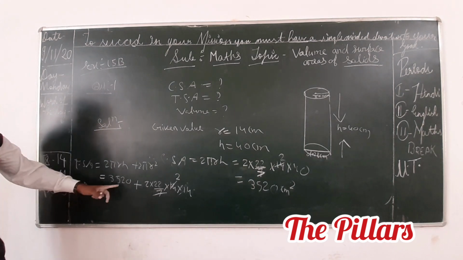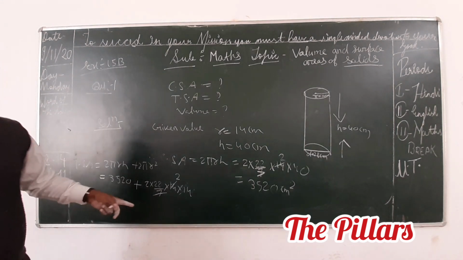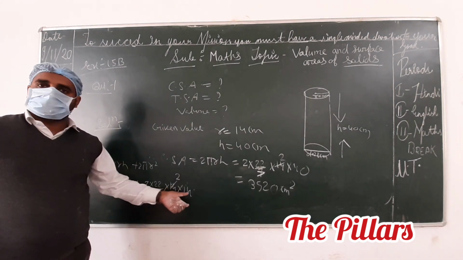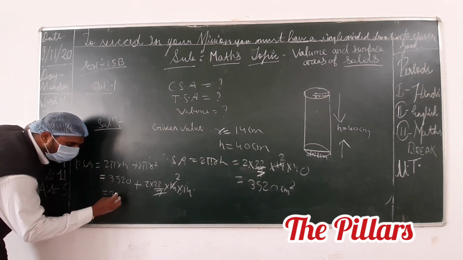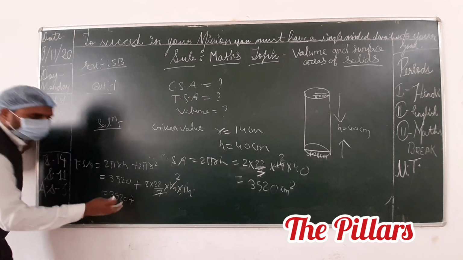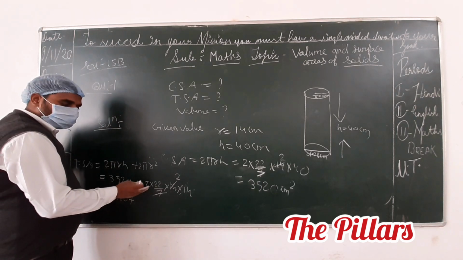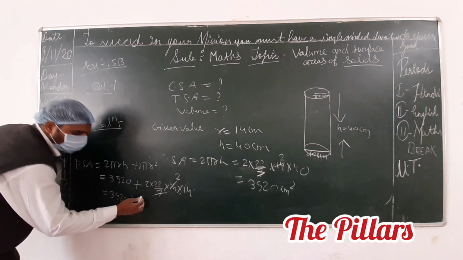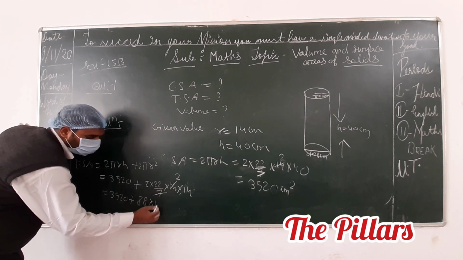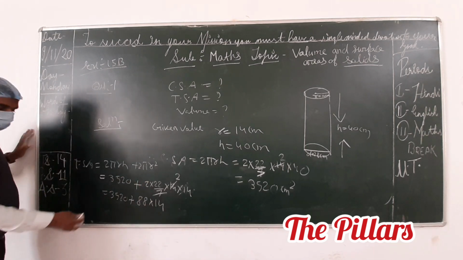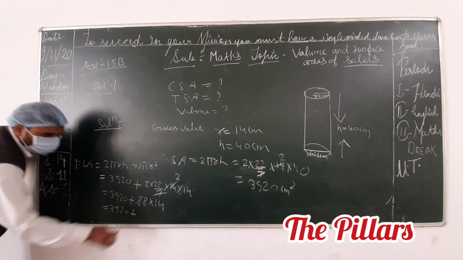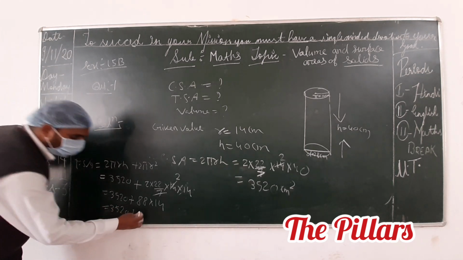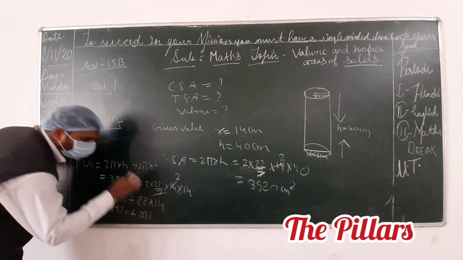You see that 3520 plus, for the value of r we mention 14 into 14. This implies 3520 plus 22 2s are 44, 44 2s are 88, into 14, you have to calculate. 3520 plus 1232.